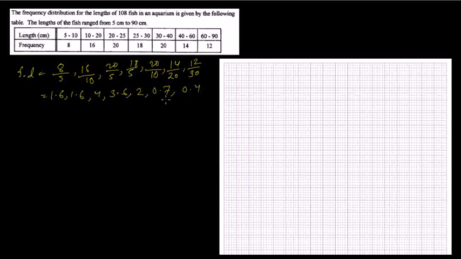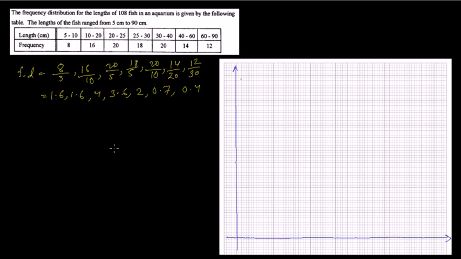Now let's draw the axis. The data here is length. So length, the labeling is very, very important. Unit in centimeter, and the y-axis is always frequency density. It starts from 5 and ends at 90.